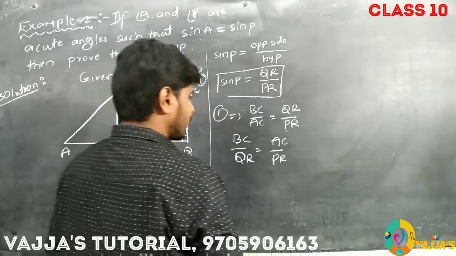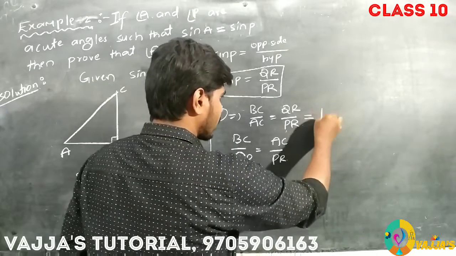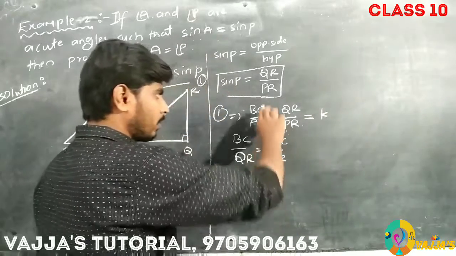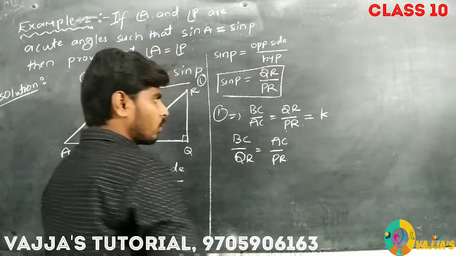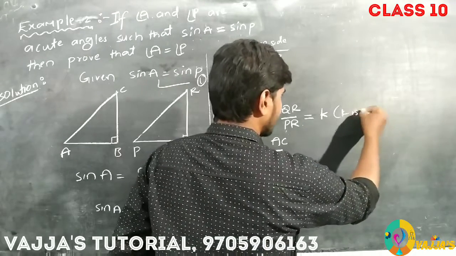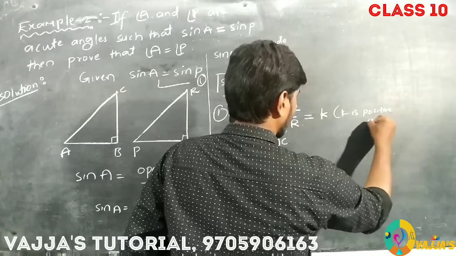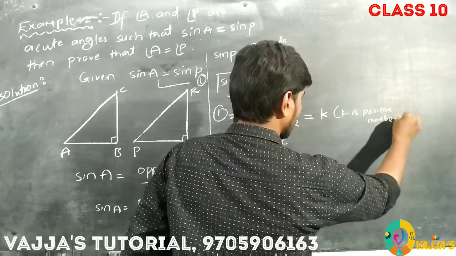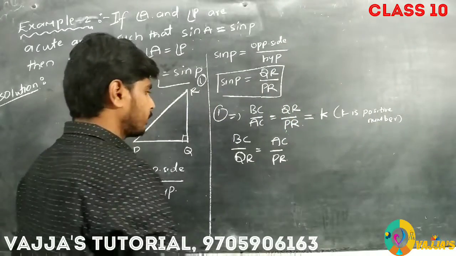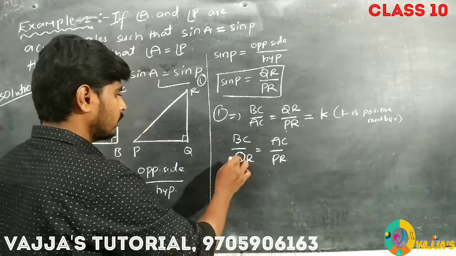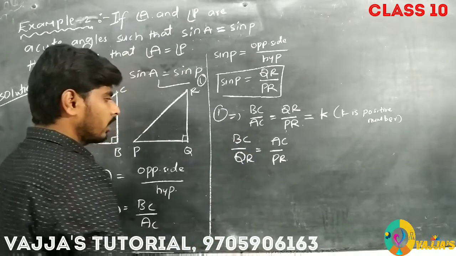These two ratios are equal here. Let us consider one more thing here. It is equal to K. It is nothing but a ratio, isn't it? So consider K is a positive number here.